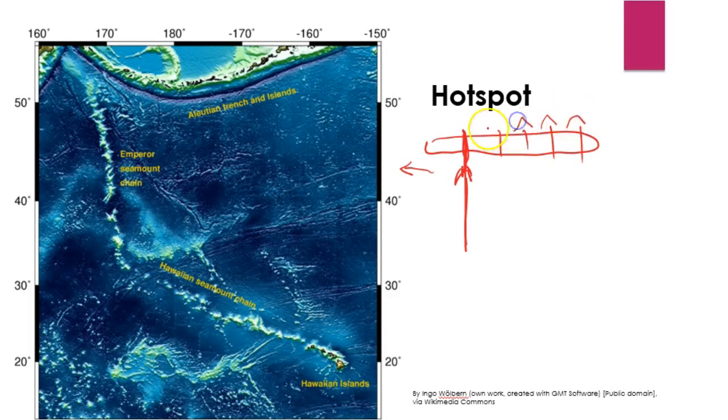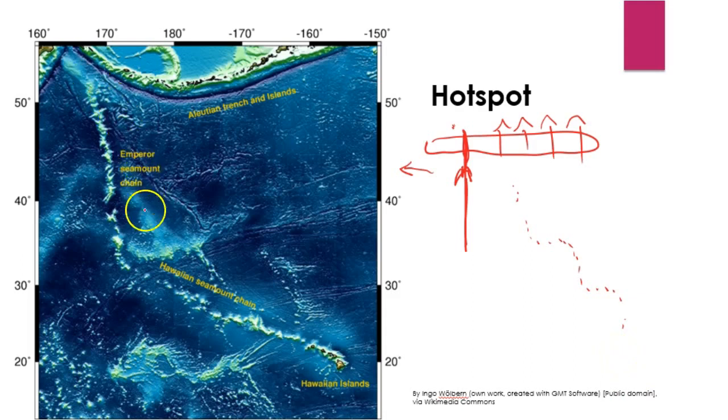And you're also going to have evidence that the volcanoes on this end are going to be older than the volcanoes on that end. Now, a hot spot, when crust is traveling over it, because it's being pushed from all directions, it doesn't always travel in a straight line. It can often travel in a sort of line like this, as the crust is being pushed from side to side and up and down.